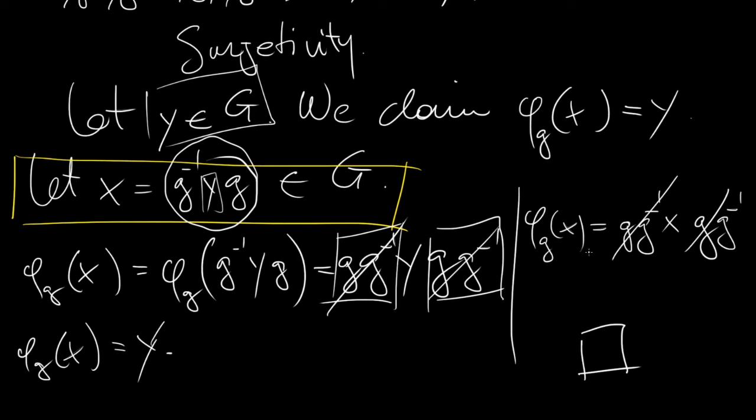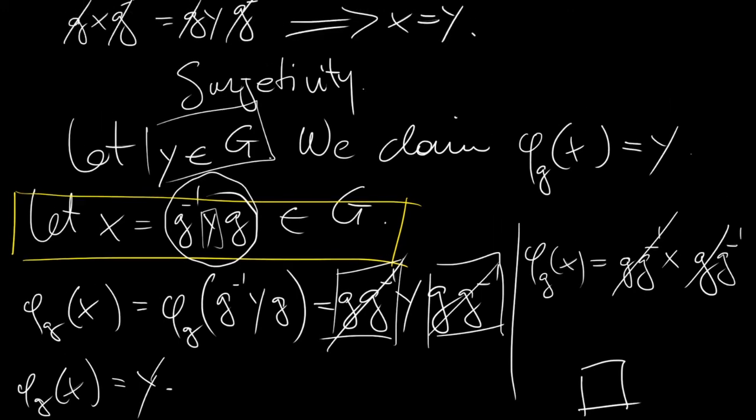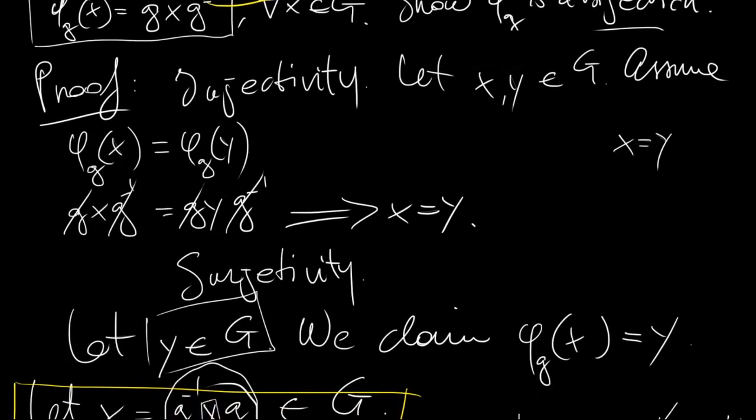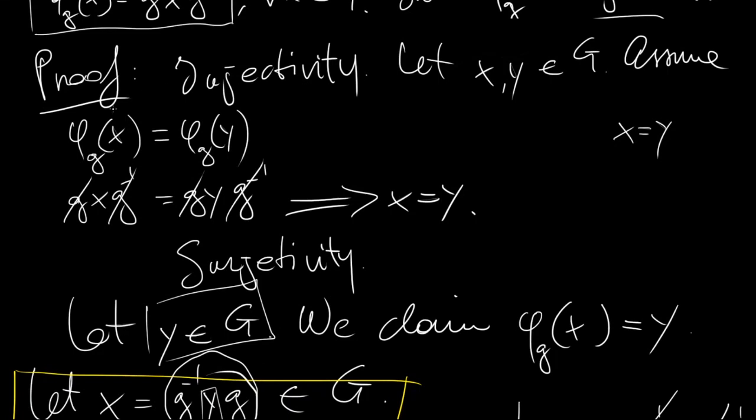Remember, let's summarize. We had to prove that a function was a bijection. We had to prove injectivity. So we assumed that the function of x is equal to the function of y, where x and y were elements of the domain, and then we showed that x is equal to y.